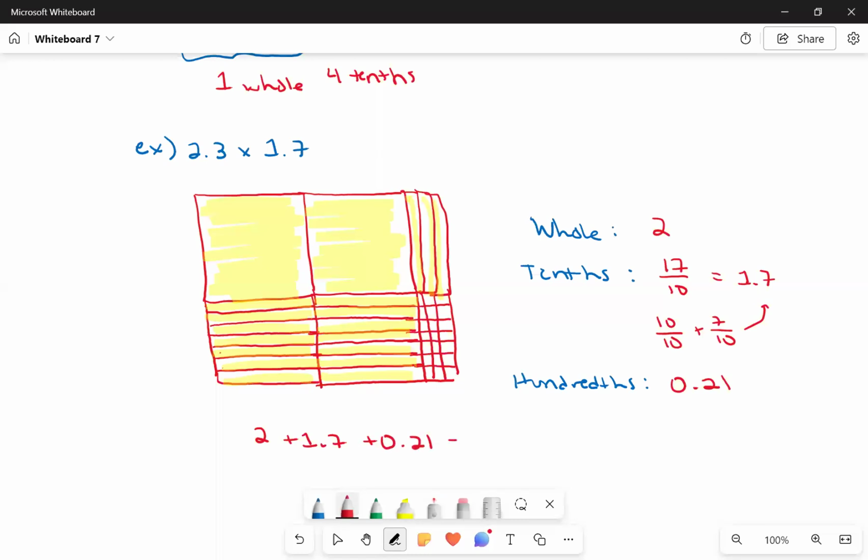So 2 and the 1.7 gives me 3.7 plus the 0.21. That's going to be 3.91. And there you go. Okay, cool. So that's the way we can represent the multiplication visually.